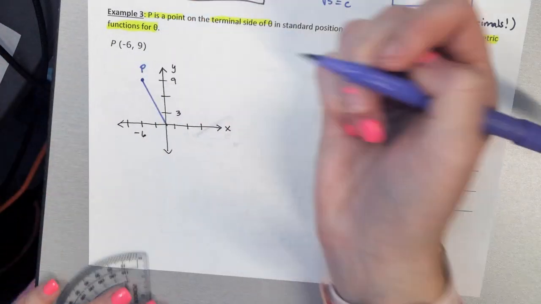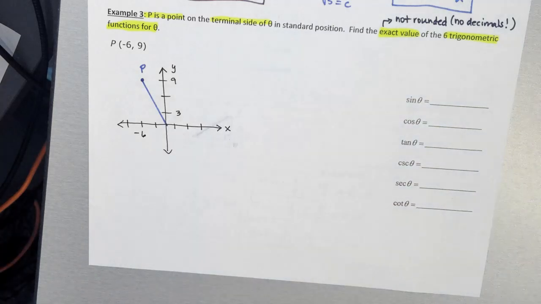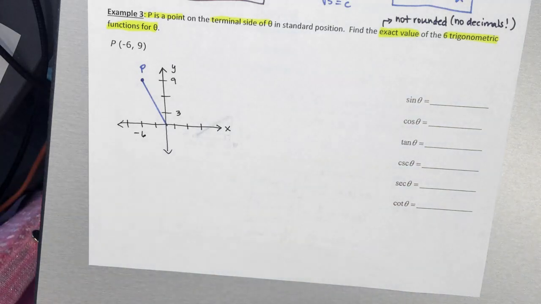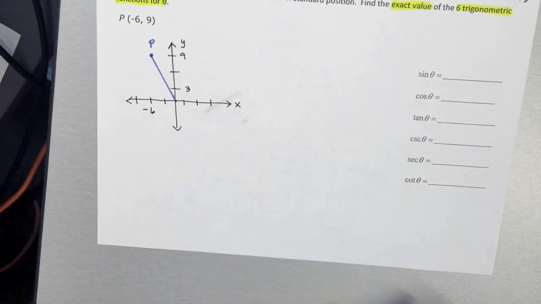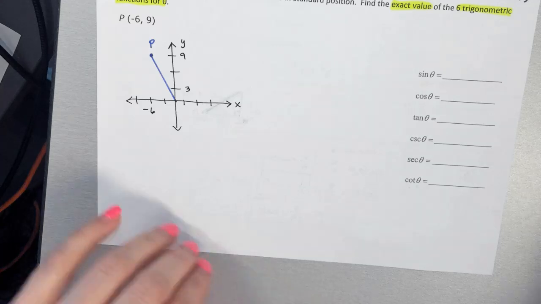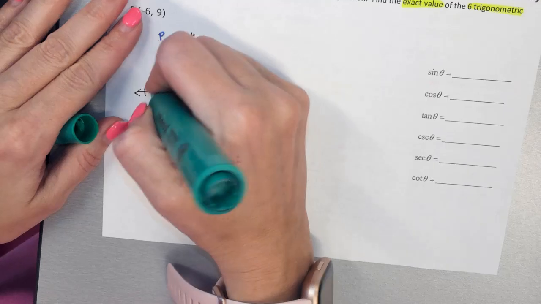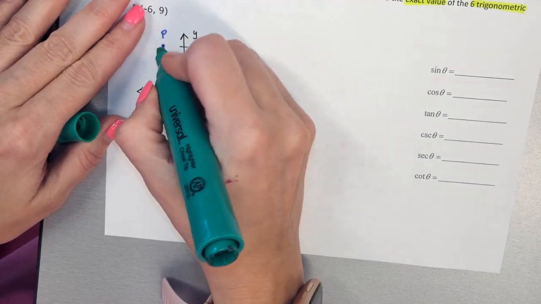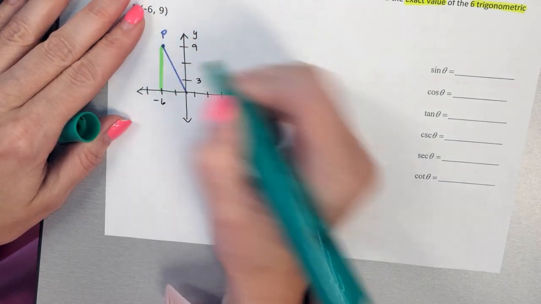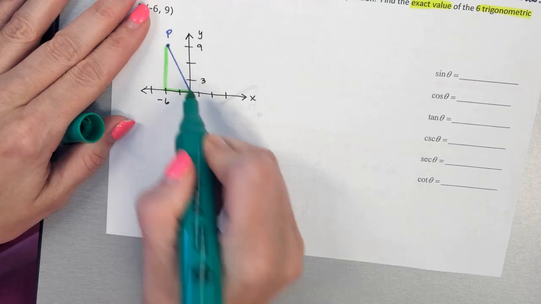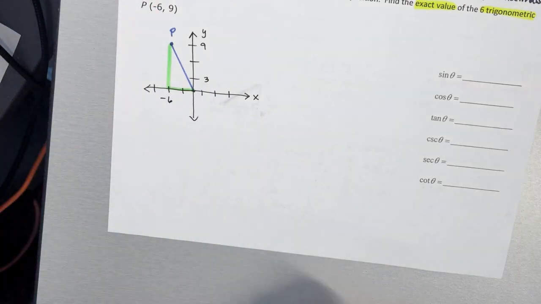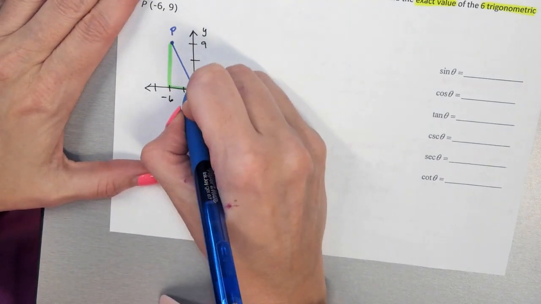And what you have is this terminal side here. What we're going to do is create a triangle from this. So we're going to create a right triangle. You may have done some creation of right triangles before. So if I extend this straight down to my axis and use this as my axis, my theta value is right here.